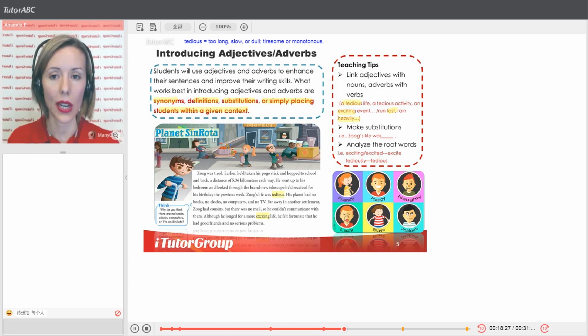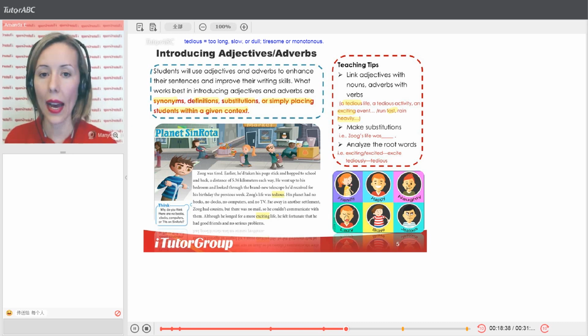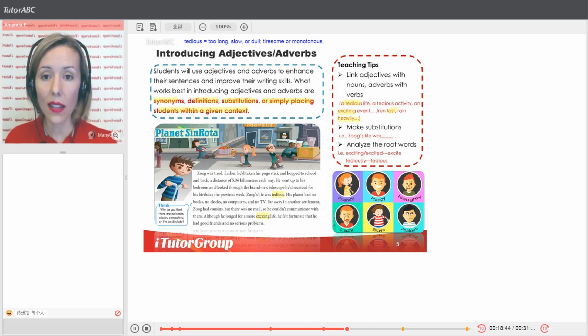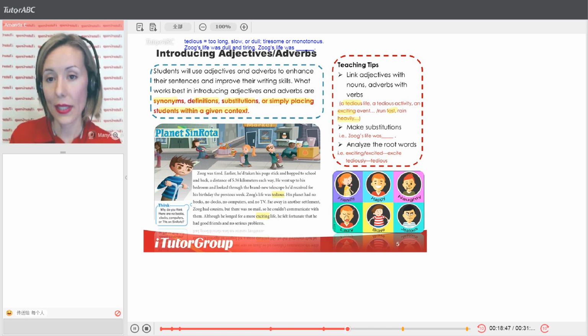If this is the definition, I might say something like, Zug's life was dull and tiring. And then Zug's life was, and give a blank. So they can see from the definition that dull and tiring equals tedious, or hopefully they do, so then they can fill in the blank.